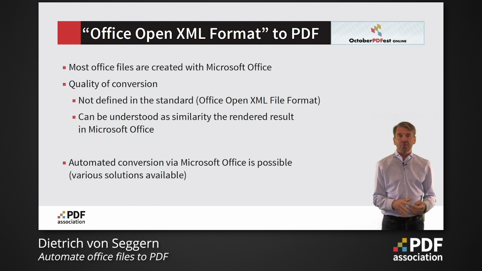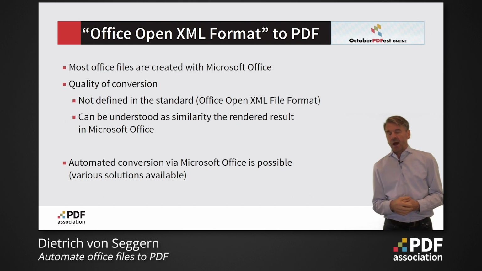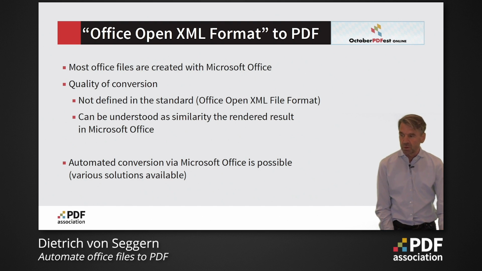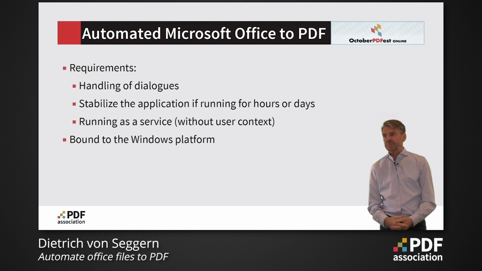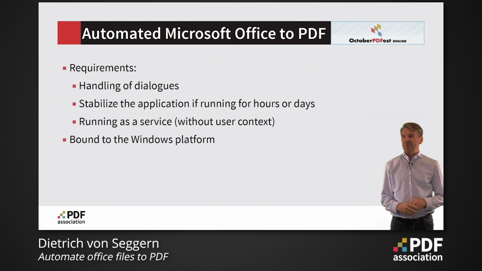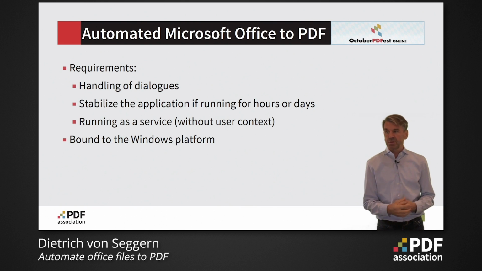And now let's see just briefly how and whether we could use Microsoft Office to convert from an Office file to PDF. You can control Microsoft Office via the .NET framework, so automation is definitely possible.